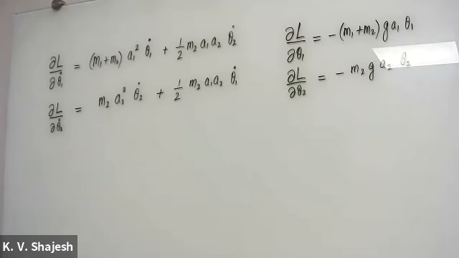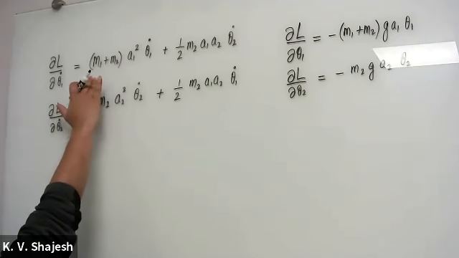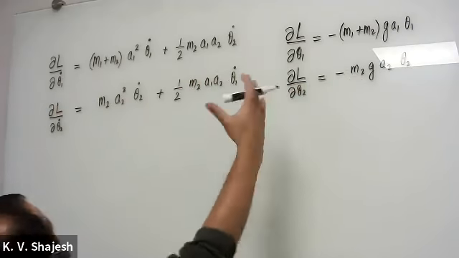So our equation of motion is to take the time derivative of the canonical momentum and equate it to that. That's all, right?